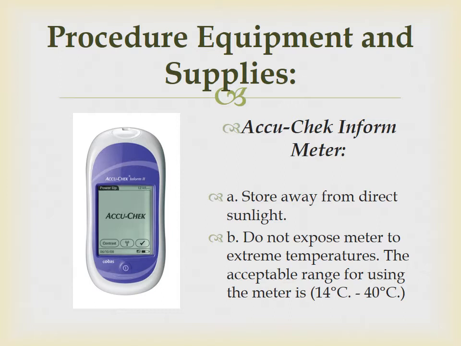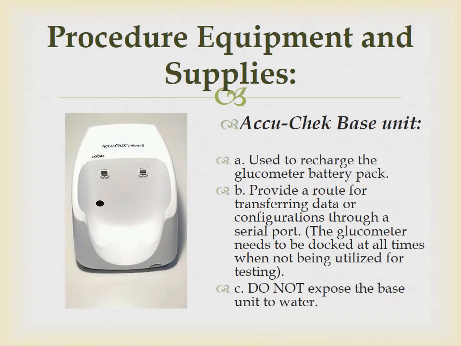For the Accu-Chek Inform meter, store away from direct sunlight. Do not expose the meter to extreme temperatures. The acceptable range for using the meter is 14 degrees Celsius to 40 degrees Celsius. The base unit is used to recharge the glucometer battery pack and provides a route for transferring data or configurations through a serial port.